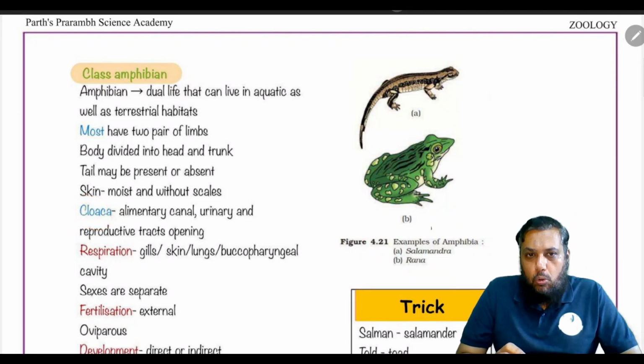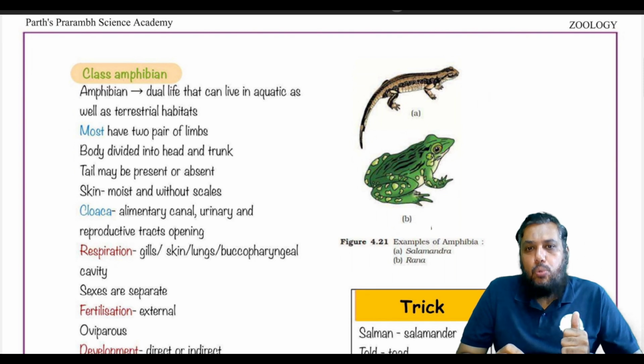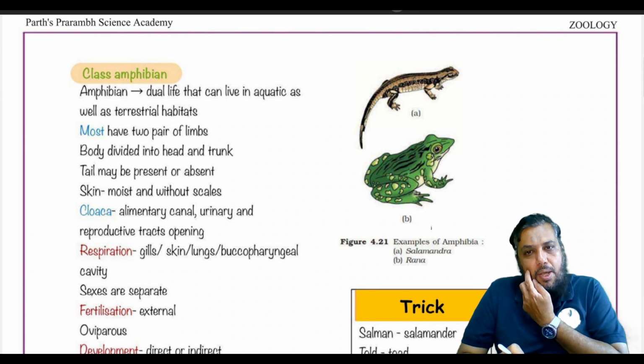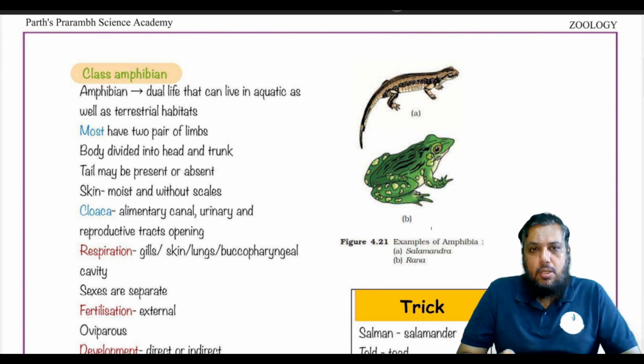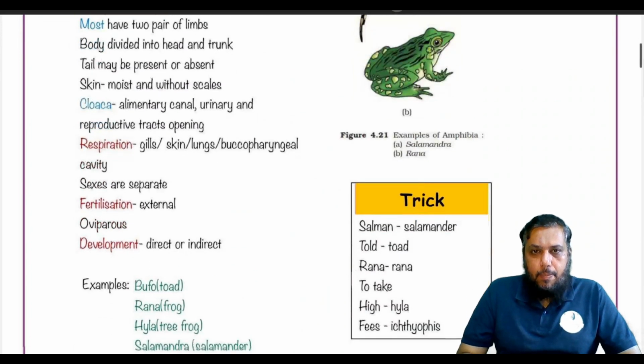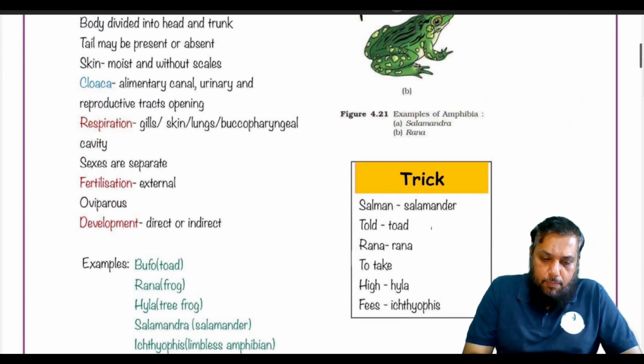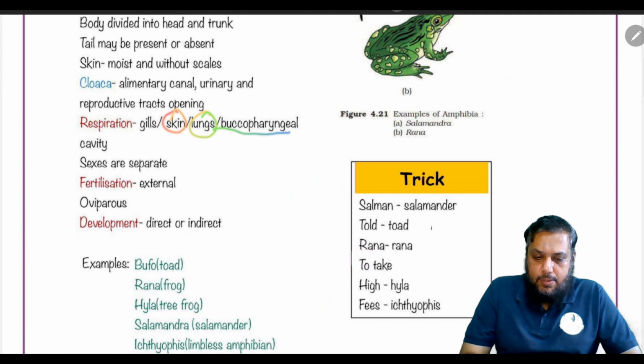Cloaca is a common opening for the alimentary canal for the removal of feces, the urinary tract for the removal of urine, and the reproductive tracts for the release of gametes. The respiration is with the help of gills, skin, lungs, and the buccopharynx.